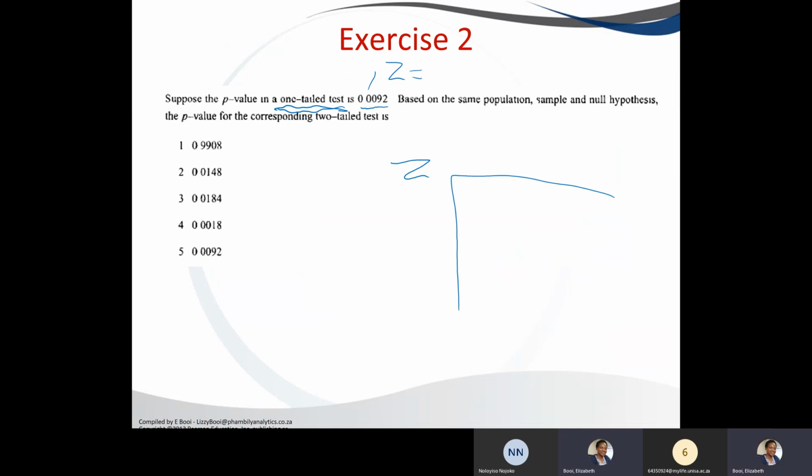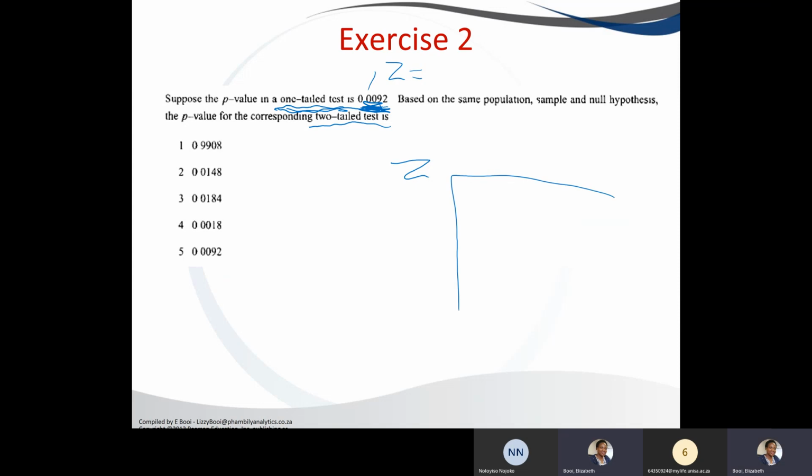The question says, based on this information, the same population, the sample and the null hypothesis, the p-value of the corresponding test statistic of a two-tailed test will be.